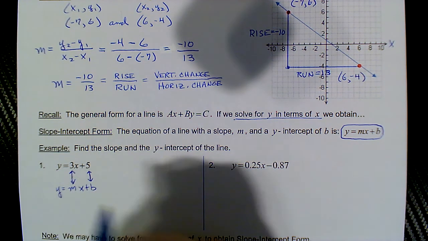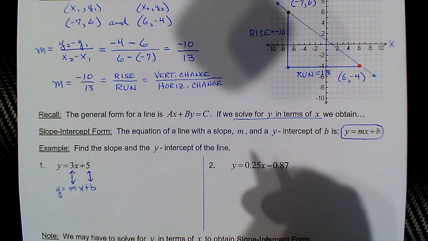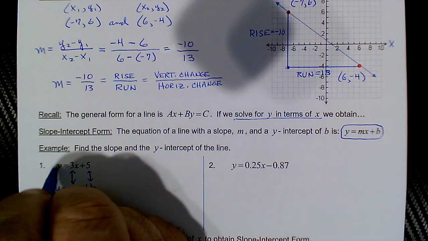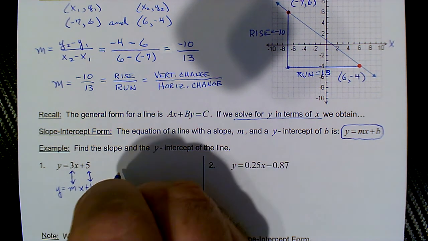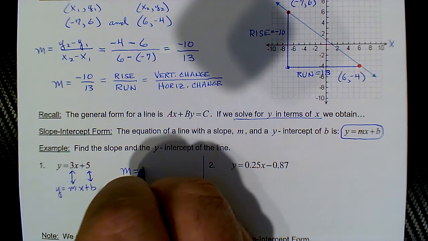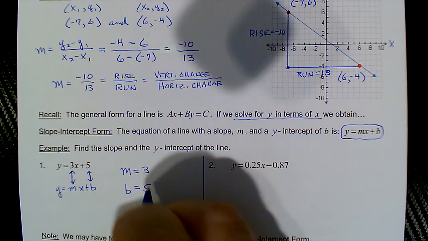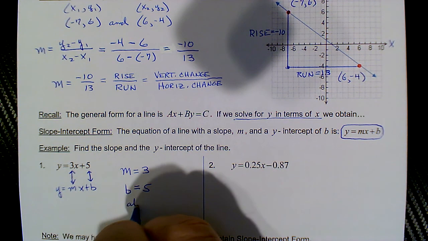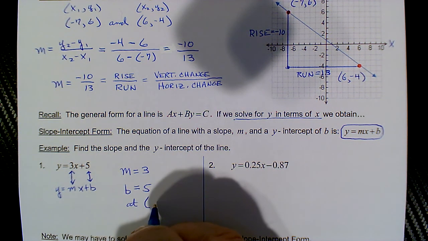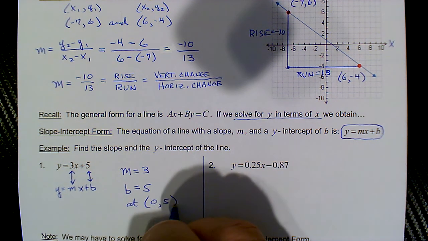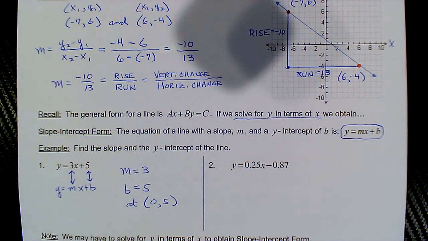So it doesn't matter, but it does matter that y is isolated. In both those examples, it was easy because y was off on one side. Remember, we called it explicit form, where y was given explicitly in terms of x. But in this case, that's not so. So we may have to solve for y in terms of x.